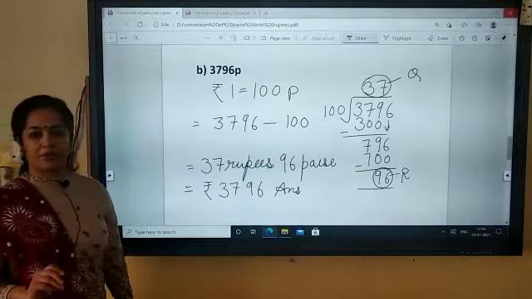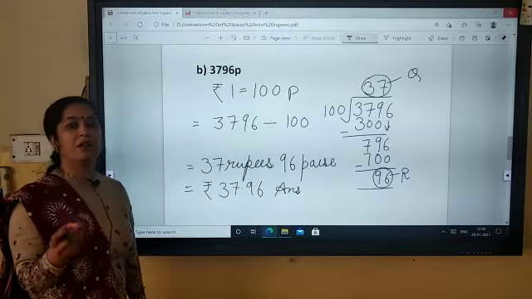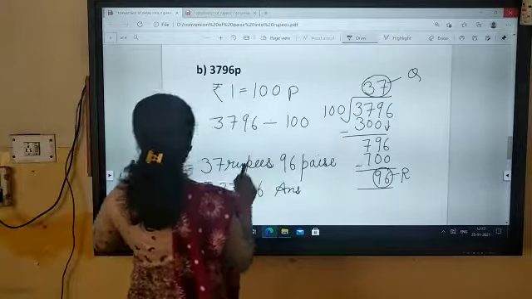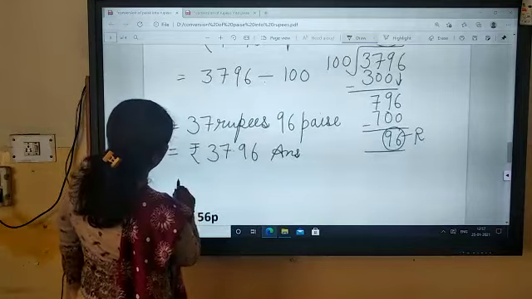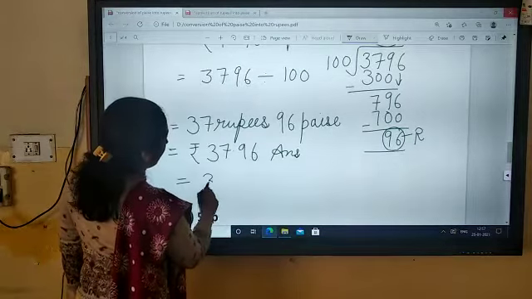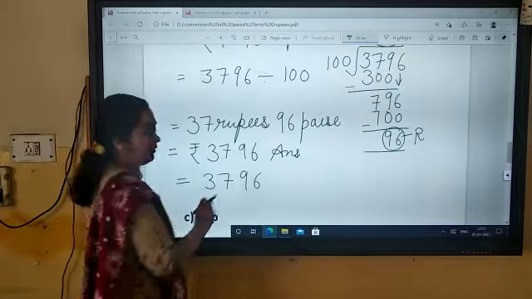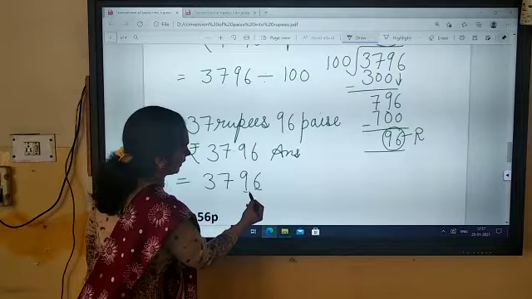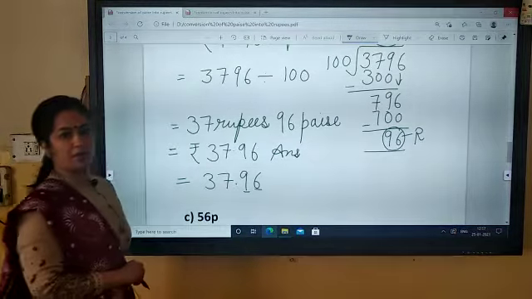Now we will solve the same question with another method. We simply put a dot after 2 digits from the right hand side. 3796 paise is given. We count 2 digits from the right hand side, 1, 2, and put a dot.